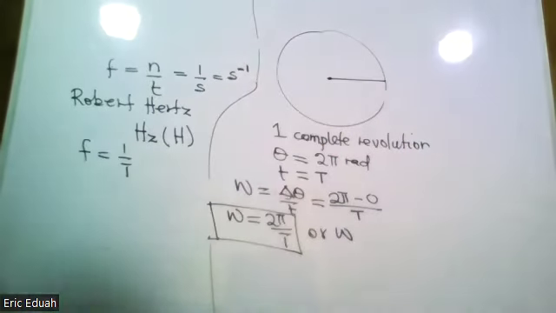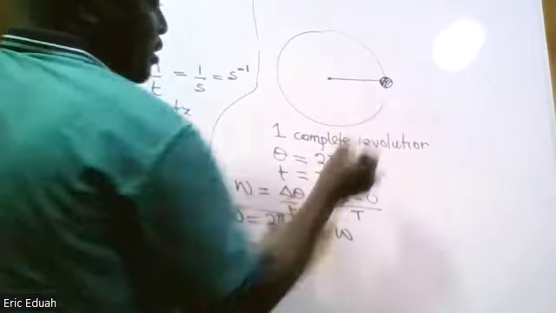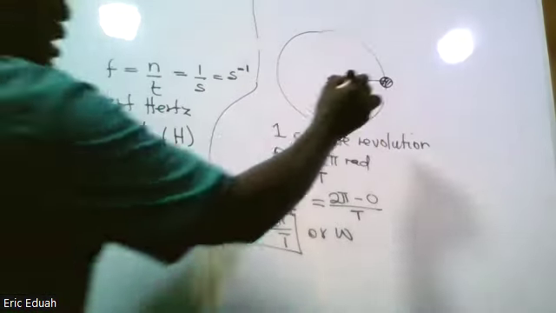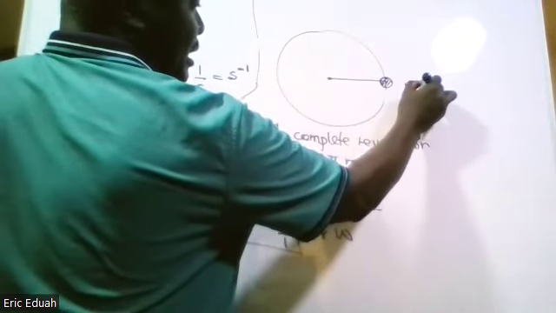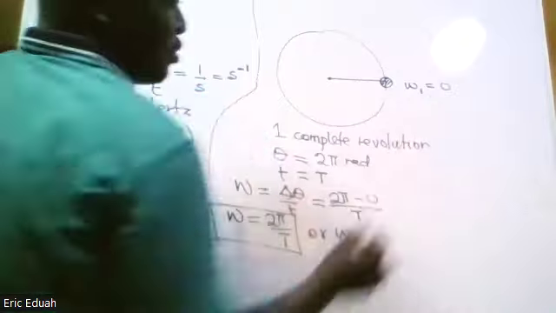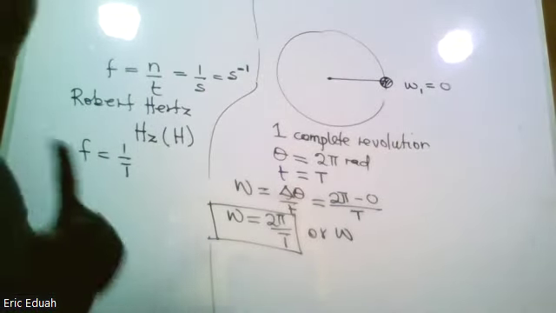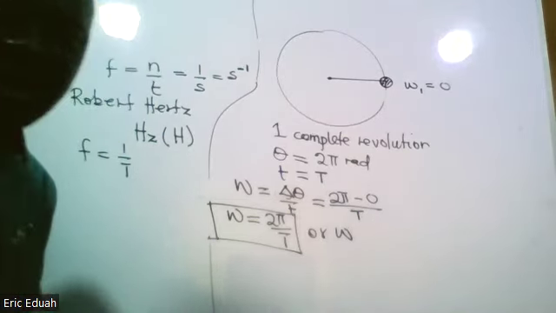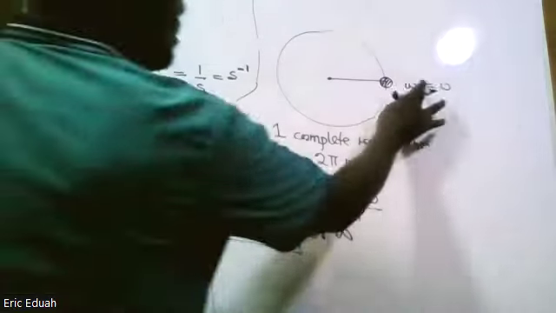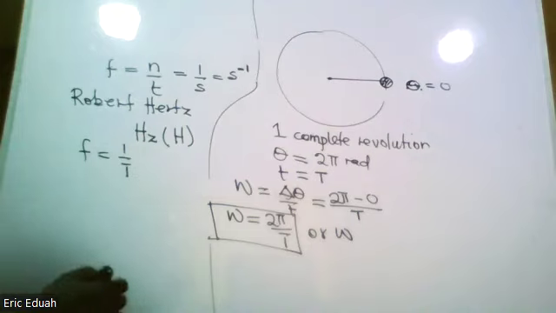Yes, look at something. A body is here. The initial angular displacement, theta 1, is equal to 0. When the body hasn't moved yet within the circumference, the initial angular displacement is 0.